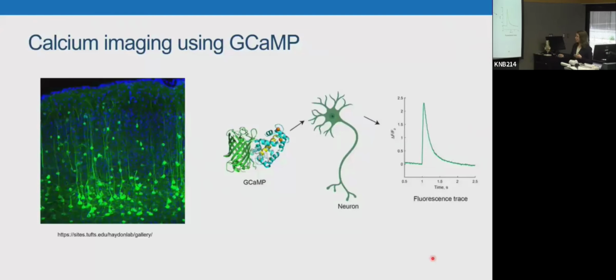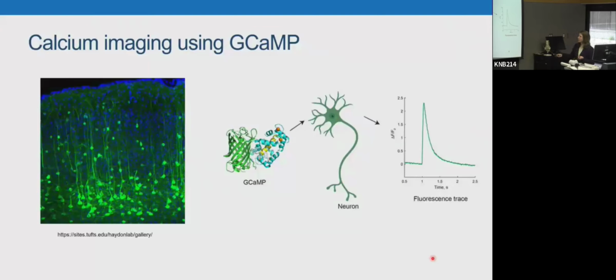And GCaMP, the calcium indicator that I'm using, is a fluorescent molecule that has GFP, green fluorescent protein. Normally it is very dim, but when calcium enters a cell where GCaMP is expressed, then you get fluorescence of the signal. So you get an increase in fluorescence showing activity of that neuron.